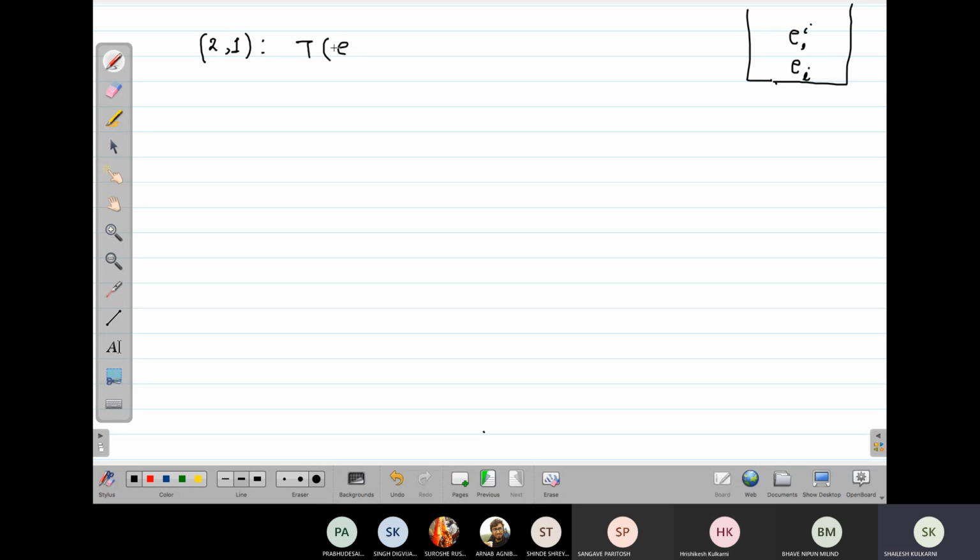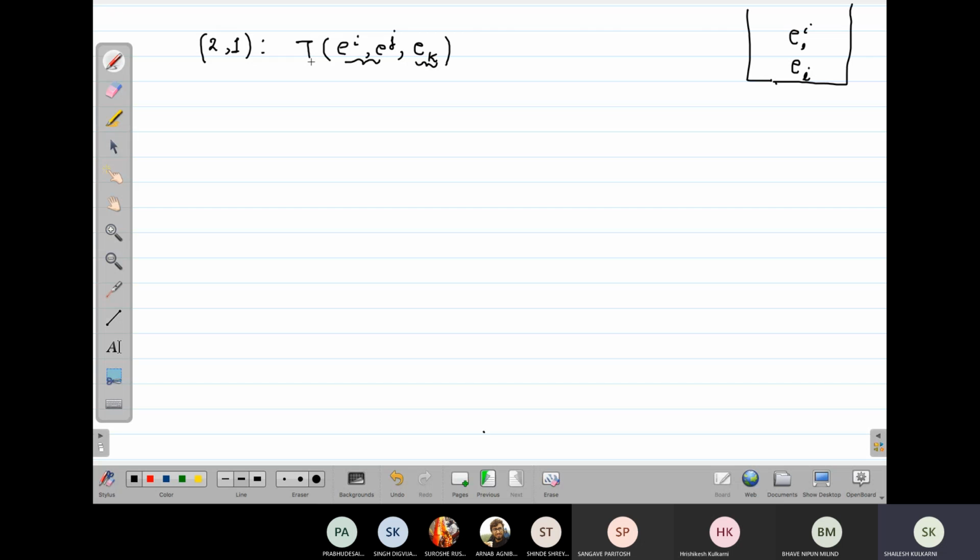So for (2, 1), I should act this T on e^i, e^j, and it is (2, 1), so I need another usual basis e_k. So these are dual basis and this is usual basis.